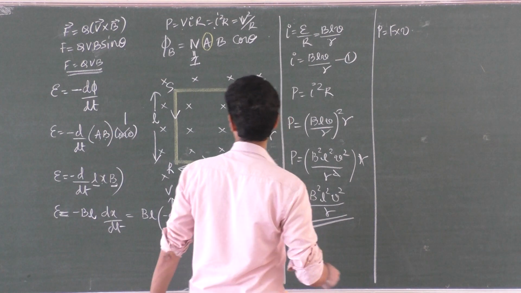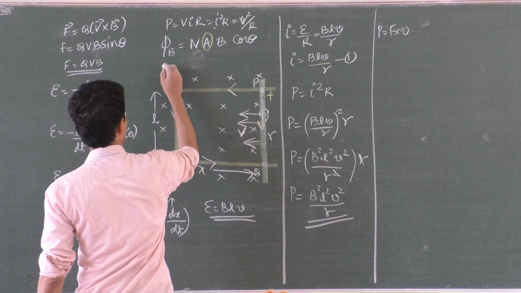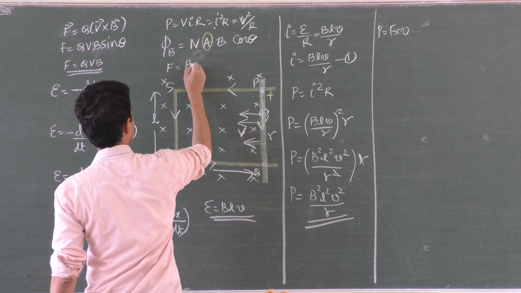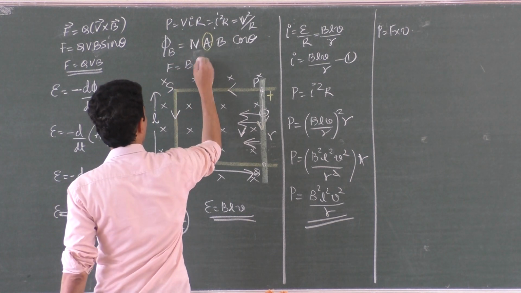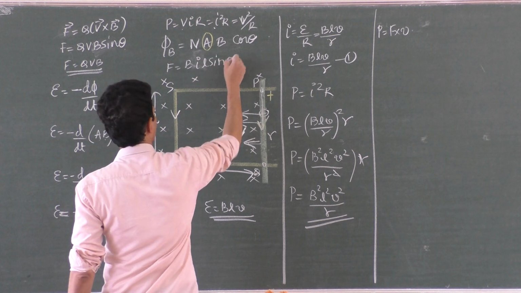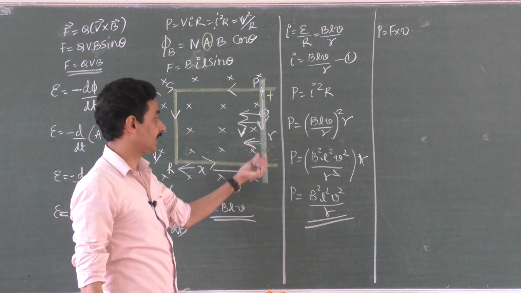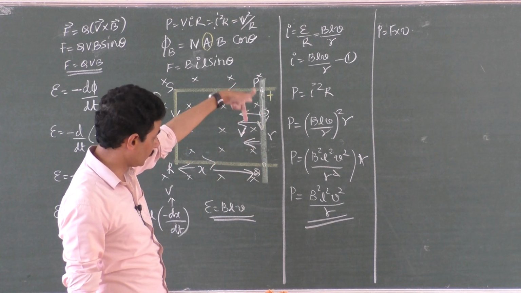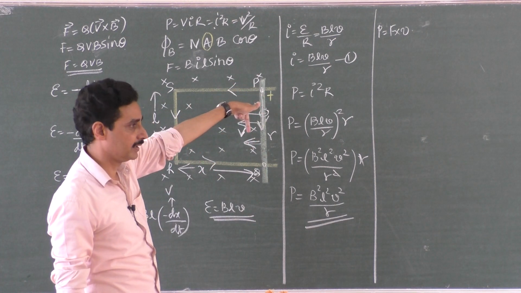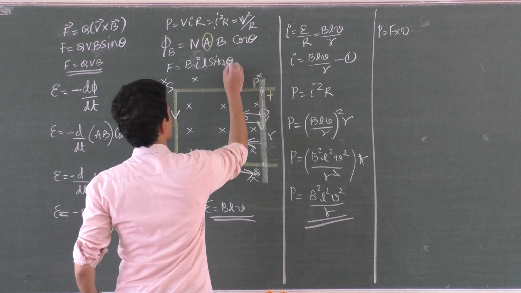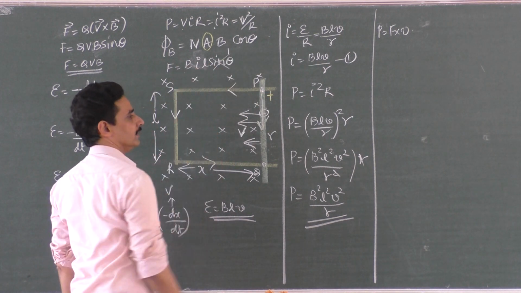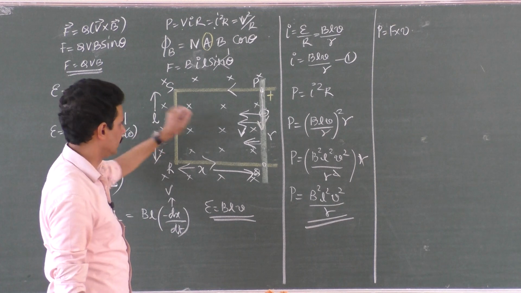And you know the formula for the force acting on a current carrying conductor placed in a magnetic field: BIL sine theta. Again, theta is 90 degrees here. Why? Because it is a current carrying conductor, current is inside, downwards, magnetic field is inside, 90 degrees, sine 90 is 1. Only BIL. L is the same L.